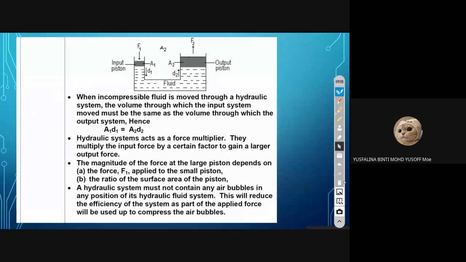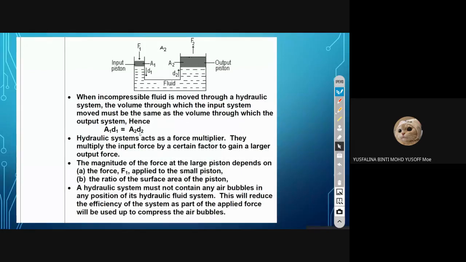When an incompressible fluid is moved throughout the hydraulic system, the volume moved at the input must be the same as at the output. When I push the piston here, say the volume here is 20 cm cubed. Then the volume of water here will also be 20 cm cubed.